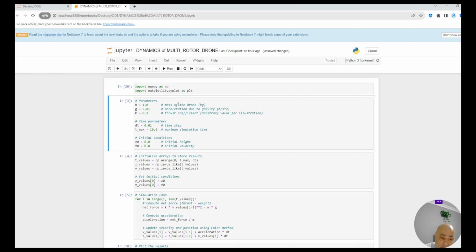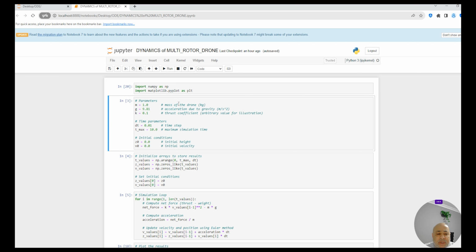We will start from 0, and the step is going to be 0.01, and we are going to simulate the behavior of our equation over 10 minutes or seconds, or whatever the time unit is that we are going to use. So it's actually going to be 10. Okay. Now, for the initial conditions, we have initial height is 0 and initial velocity is 0, and we will update these as we go on.